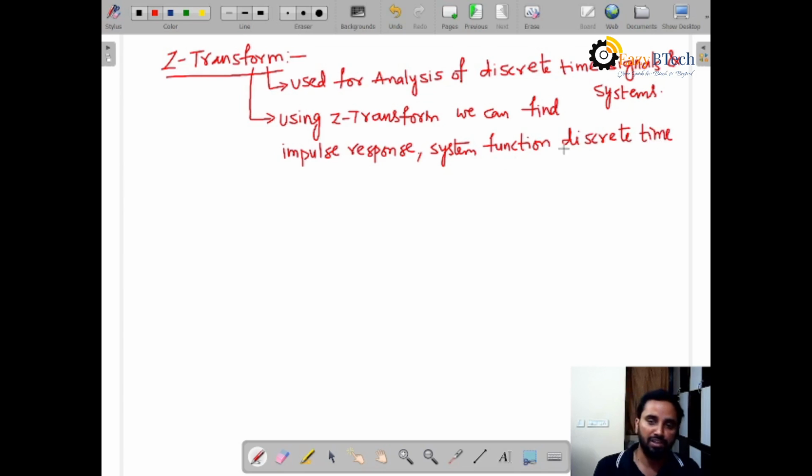So for discrete time LTI systems, we can find the impulse response, and we can also find the system function. LTI means linear time invariant systems.